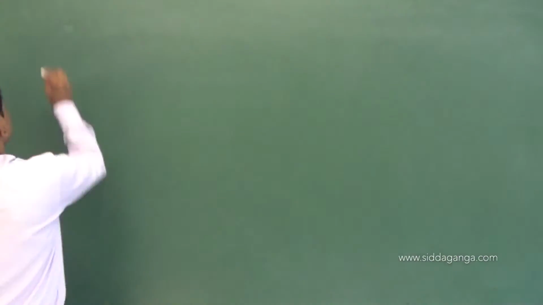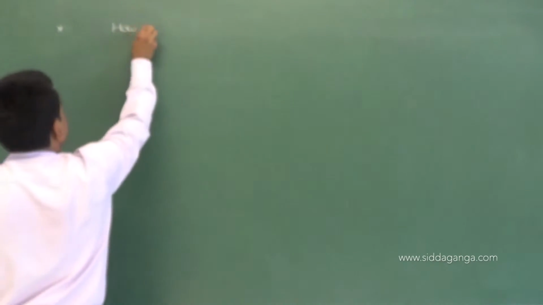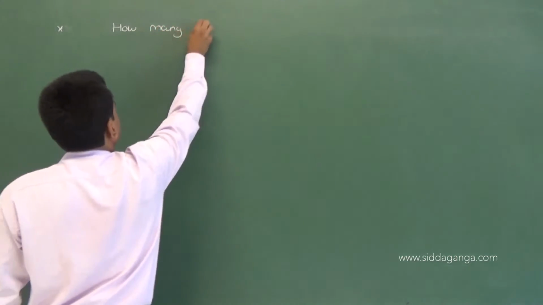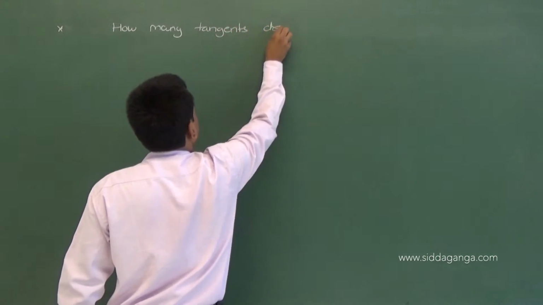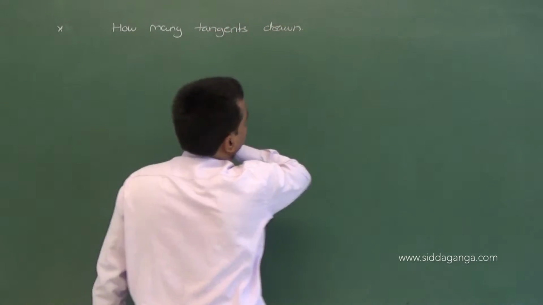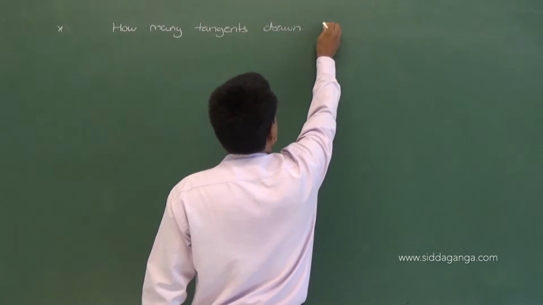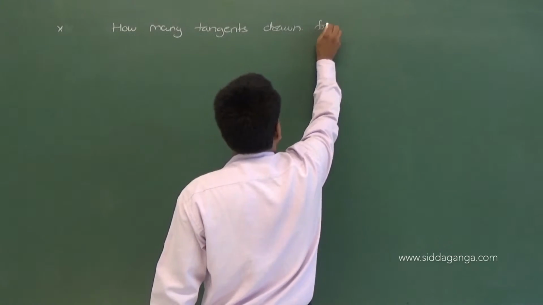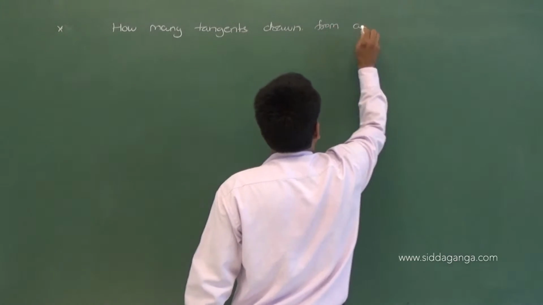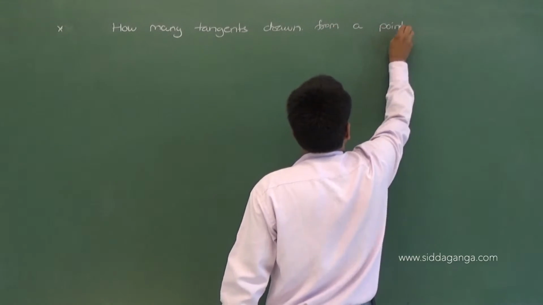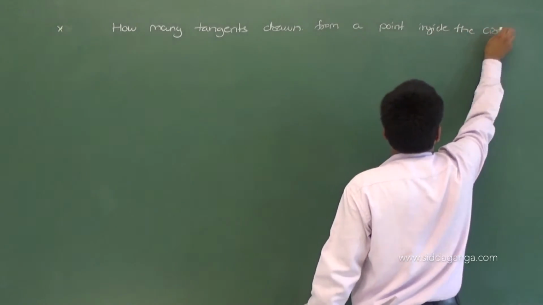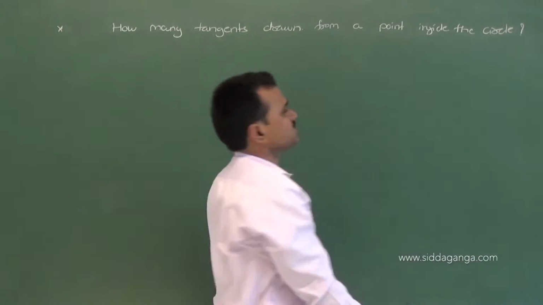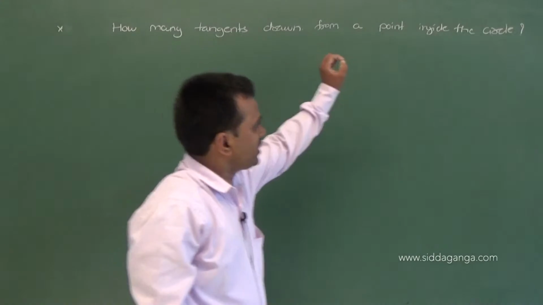Next question. How many tangents can be drawn from a point inside the circle?